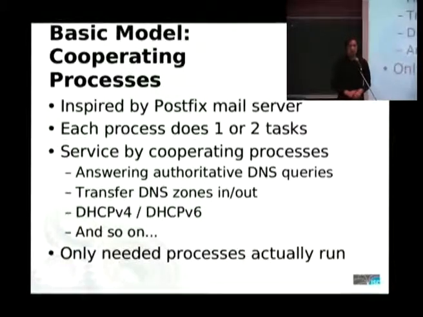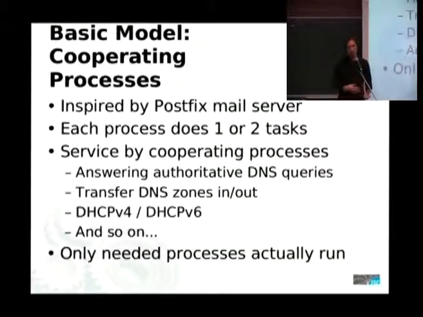A DNS server not only has this simple functionality of getting a query and sending an answer, but it also has to do maintenance of zones by transferring them in from the primaries and transferring them out to the secondaries, and so on. We've also built in DHCP functionality, so you can run Bind10 and have a DHCP server as part of that. We did that to provide all the good basic functionality we're building in Bind10, so the logging system, the configuration mechanisms, and all that are also now available for our DHCP product.